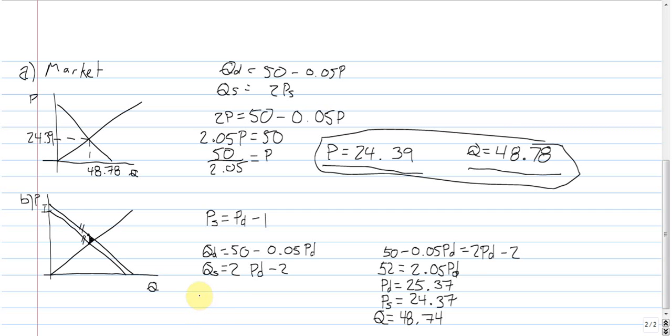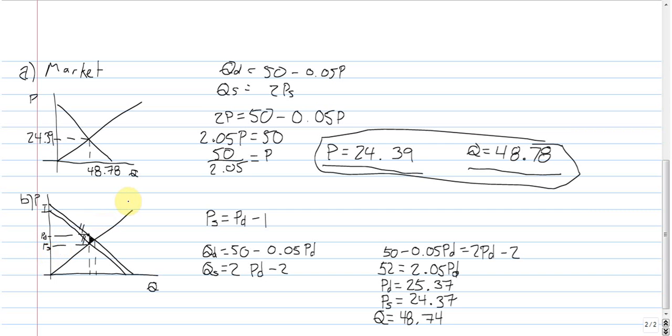So if we think of this triangle, our original quantity was here at 48.78, and our new quantity is here at 48.74, right? And we don't need our original price, we need the difference between the two prices. So this would be PD, and this would be PS.